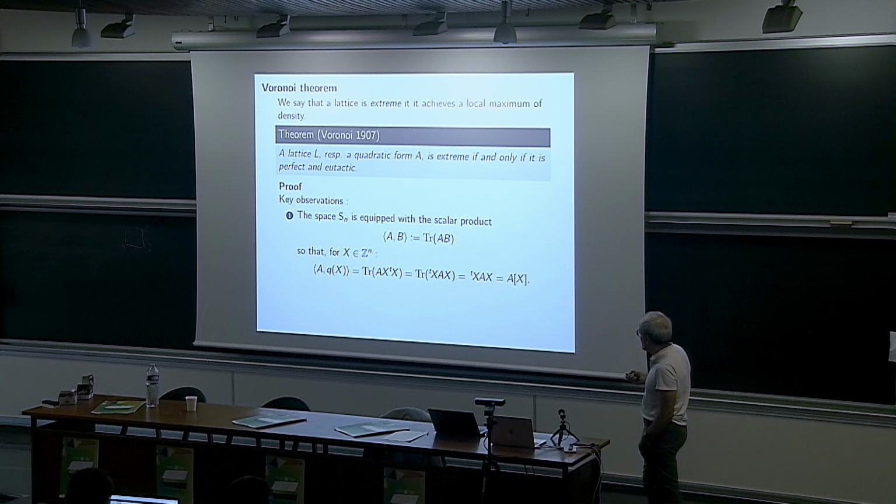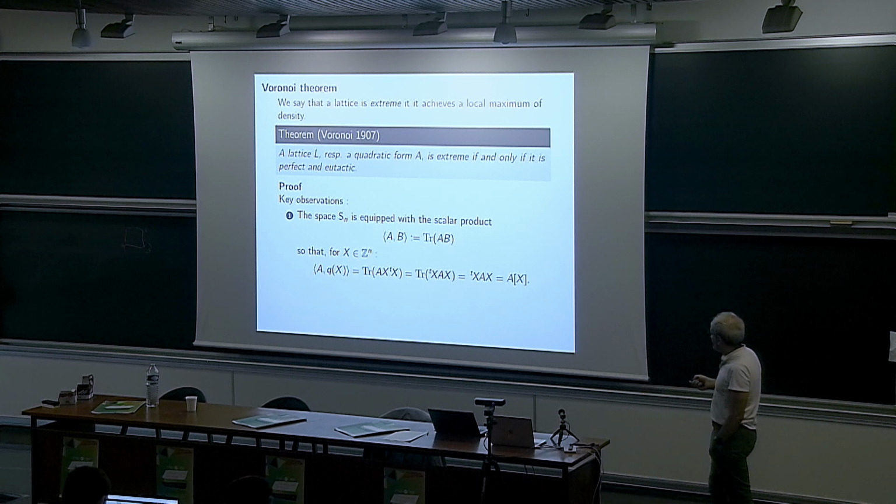The product is a trace of the product of A by X X transpose. And by elementary linear algebra, this trace is the same as that one, except that the objects here and there don't have the same dimension. Here you have an n by n matrix, and here you end up with a 1 by 1 symmetric matrix, that is a number. So this trace is nothing else than this evaluation of A on X.